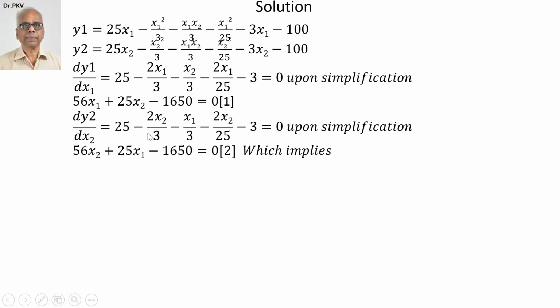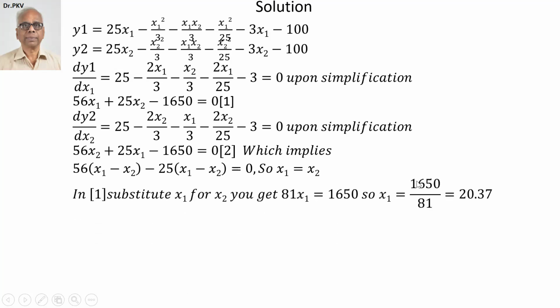This upon simplification will yield the second equation, which is 56X2 plus 25X1 minus 1650 is equal to 0. If I subtract equation 2 from equation 1, we get 56 into X1 minus X2 minus 25 into X1 minus X2 is equal to 0. This implies X1 is equal to X2. So the output is equally shared.